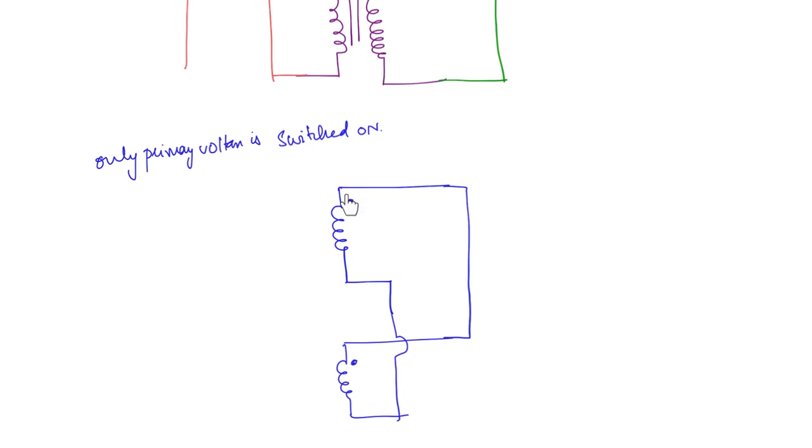So you can see here this positive and this positive terminal are shorted. So will there be any current flowing? There will not be any current that will flow in the secondary of both the transformers. So you can write here, no current flows in the secondary windings because they are in phase opposition.